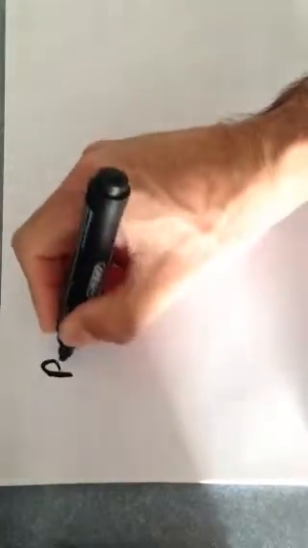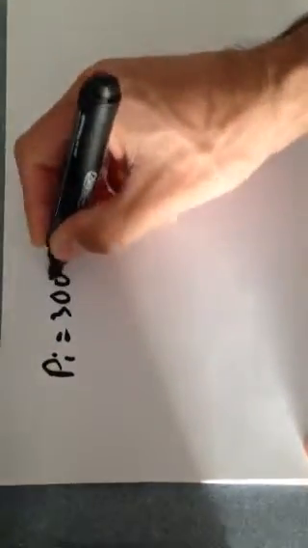Okay, in question 3, it says a bacteria culture starts with 3,000 bacteria. After 3 hours, there are 48,000 bacteria present. What is the length of the doubling period? So I'm going to identify my variables here. It starts with 3,000, so that means the initial population is 3,000.